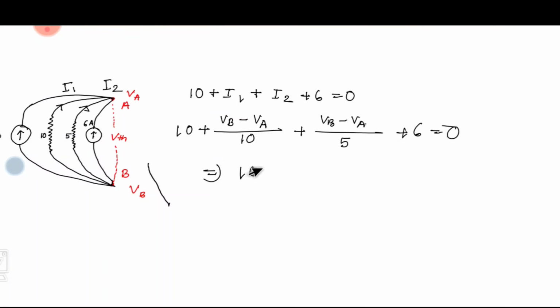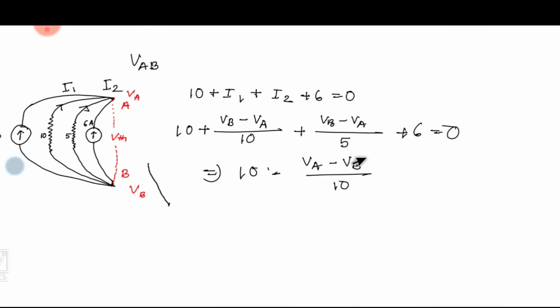Now in this case we have to find VTH, that means VAB, the voltage across these two terminals. Here VB minus VA means VBA, so now we will take a minus sign. So it would be VA minus VB by 10. We know that VA minus VB is VAB, so that's why we have taken this minus sign.